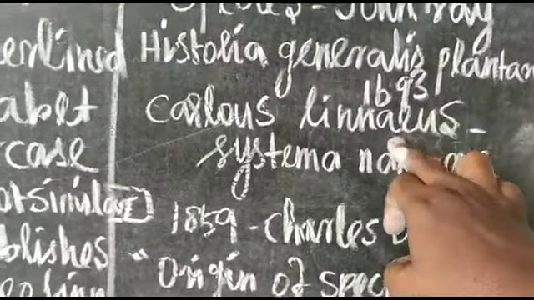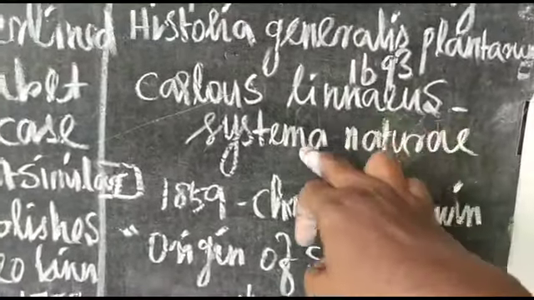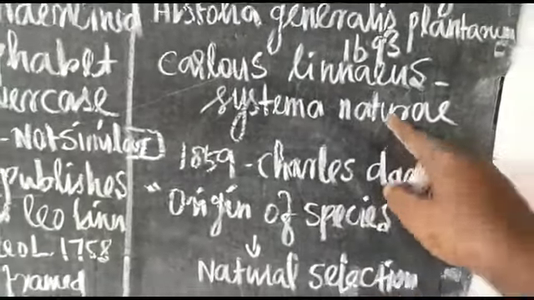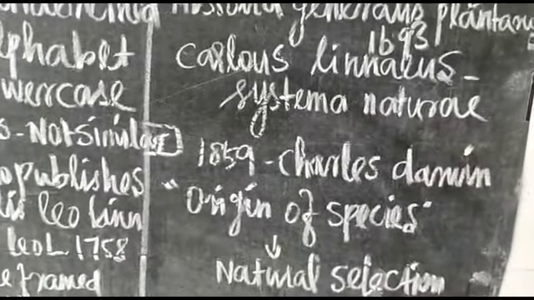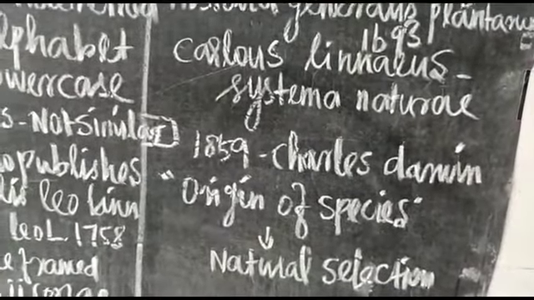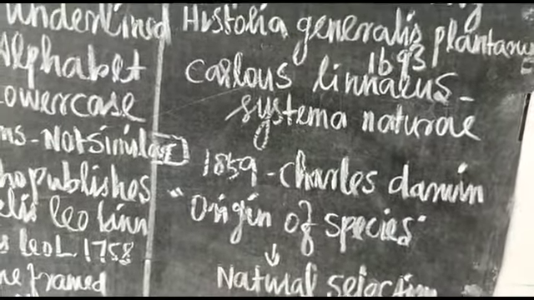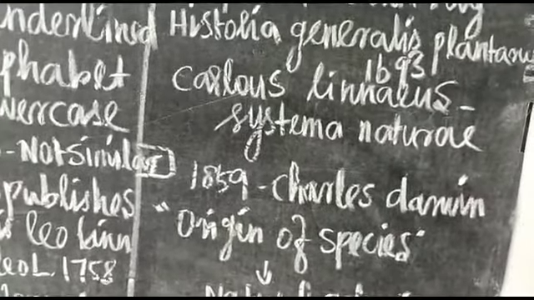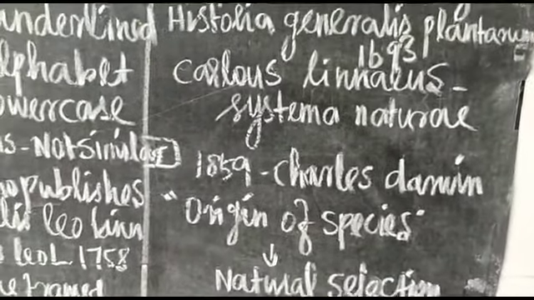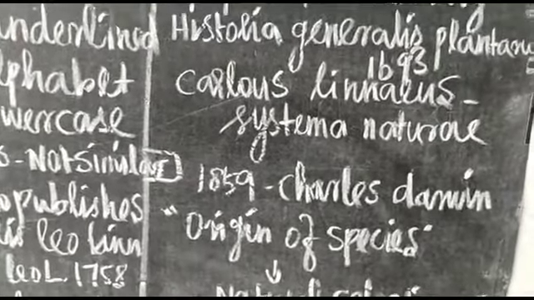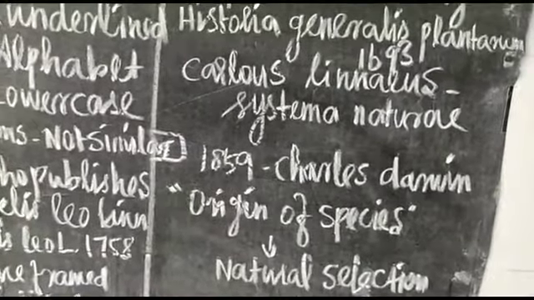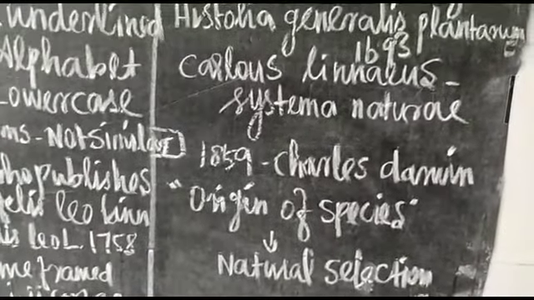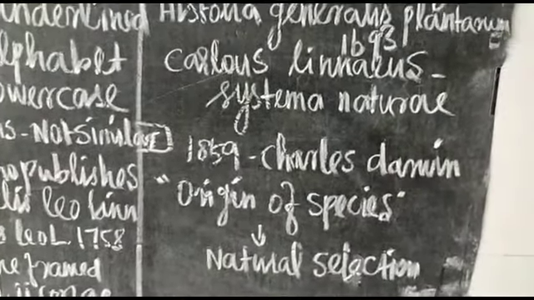Carolus Linnaeus, in his book Systema Naturae, considered species as the basic unit of classification. The species can be defined as a group of organisms that have similar morphology and physiology and can interbreed to produce fertile offspring.